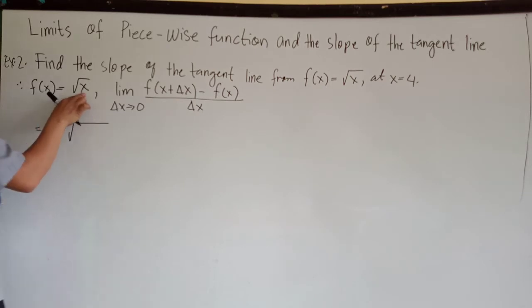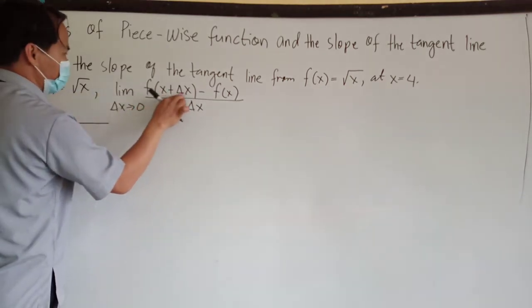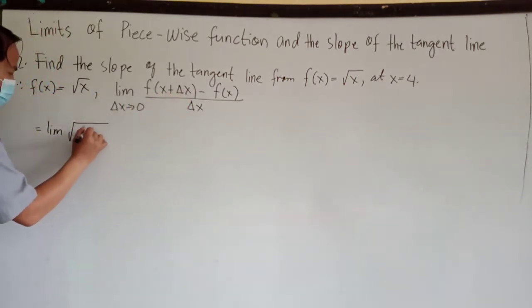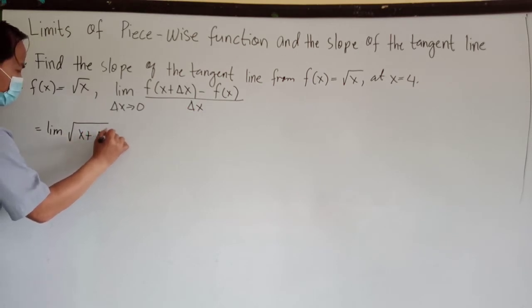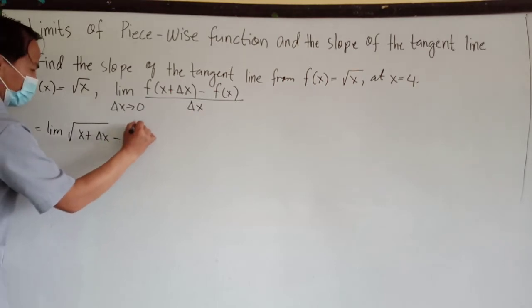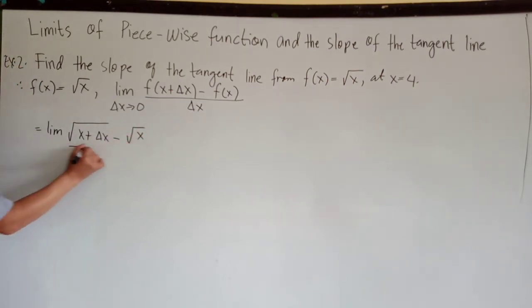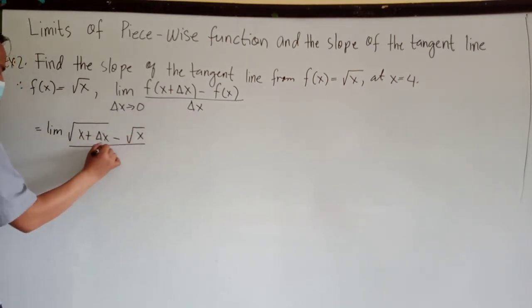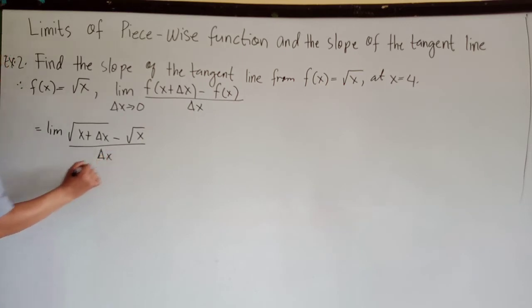The x in the square root, we replace by x plus delta x. So we have square root of x plus delta x minus square root of x, over delta x, as delta x approaches 0.